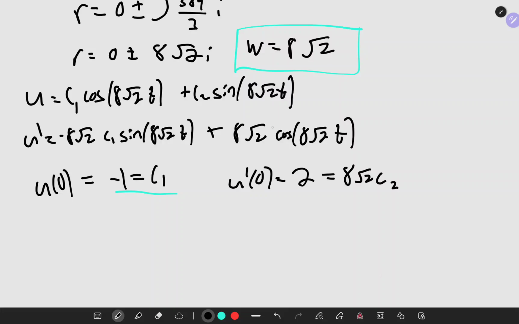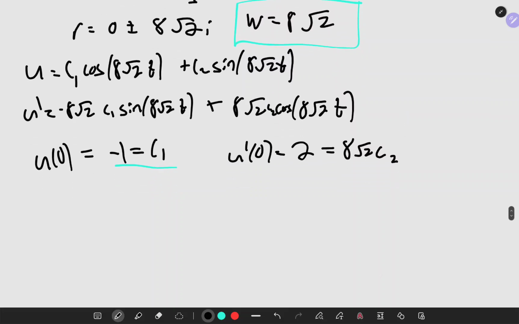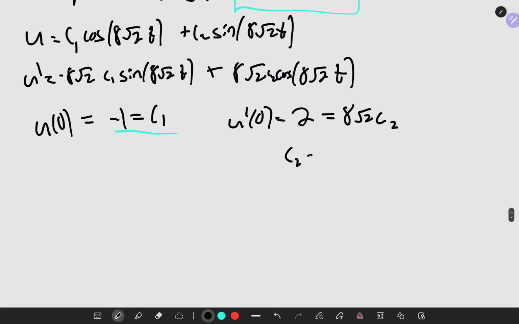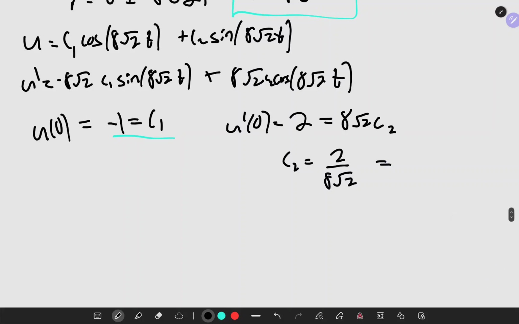Oh, I forgot my c2 there. c2 would then be equal to 2 over 8 root 2. If we rationalize that, that would become 2 root 2 over 8. Is that what I have here? I just have root 2 over 8. What?